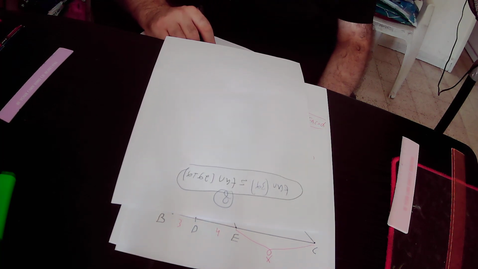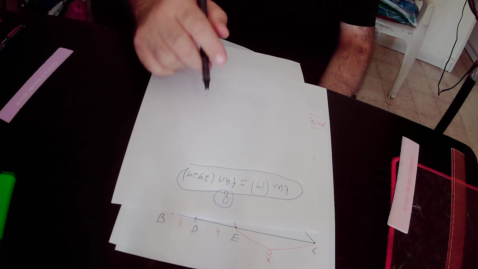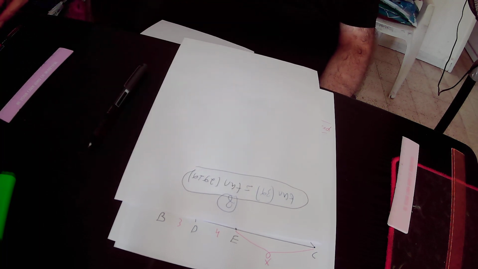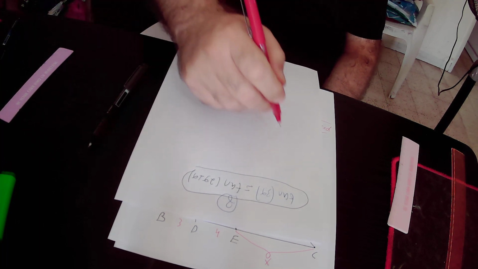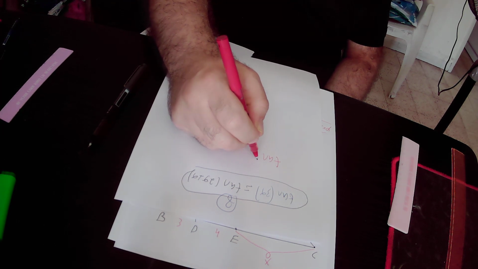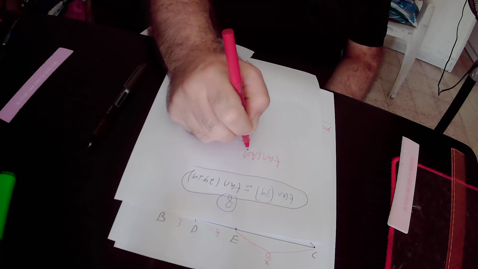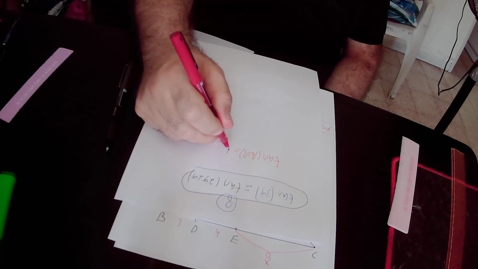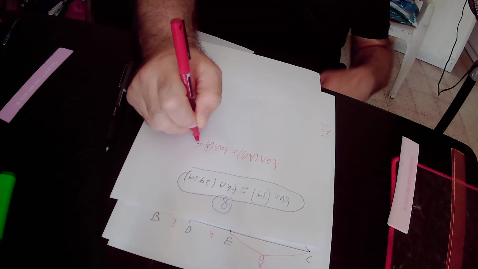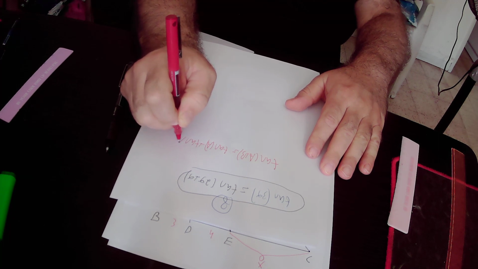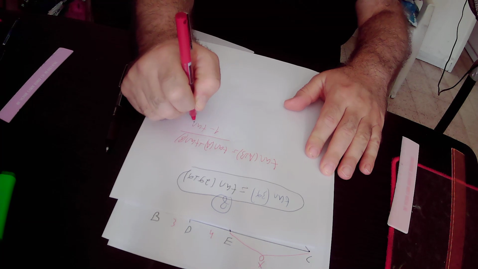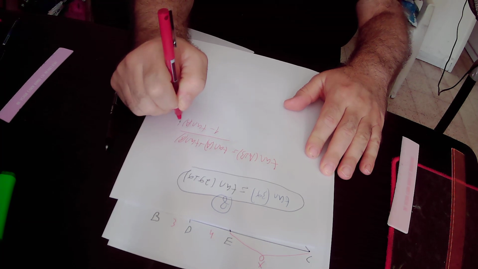And in order to find out the value of tangent 2 alpha plus alpha, I will present to you a new trigonometric identity. Tangent A plus B equals to tangent A plus tangent B over 1 minus tangent A times tangent B.